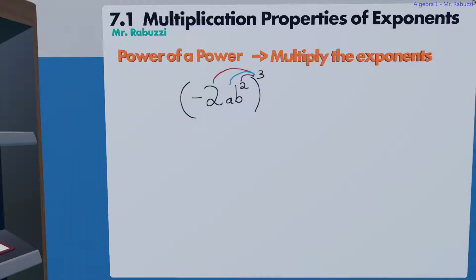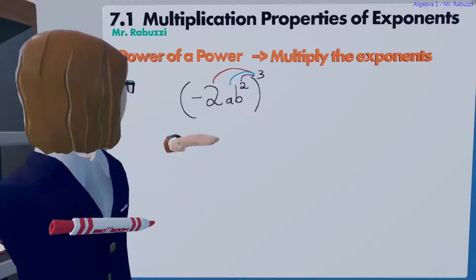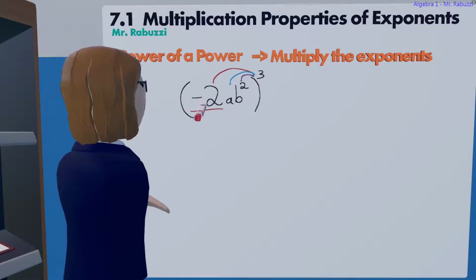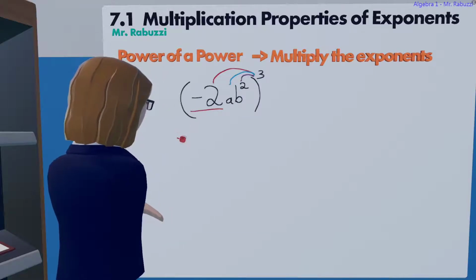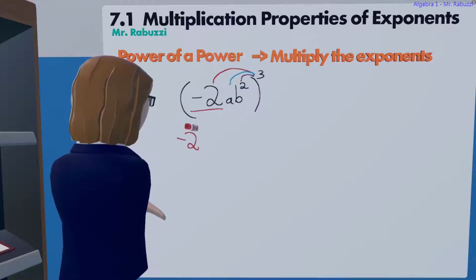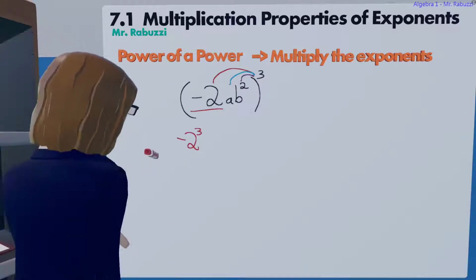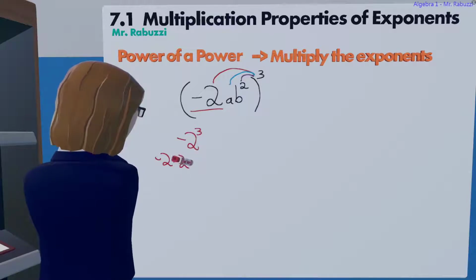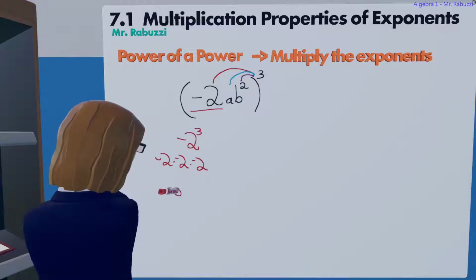Okay. Again, let's start with the coefficient. We have a coefficient, negative 2, but it is now negative 2 cubed. That means negative 2 times negative 2 times negative 2, which is negative 8.